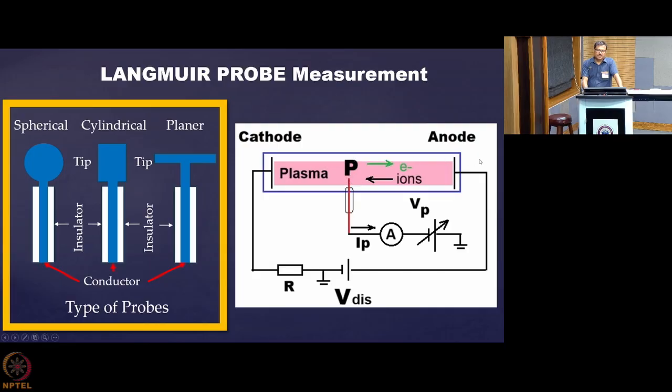Electrons are moving in one direction and ions are moving in the other direction, and you are applying a bias to the probe. You can make the probe very negative, or you can make the probe positive. When it is negative, definitely the electrons will be repelled. When it is positive, the electrons will be attracted, and we will note the current that is passing through the probe under different biasing conditions.